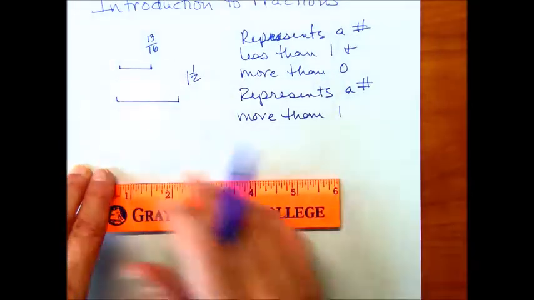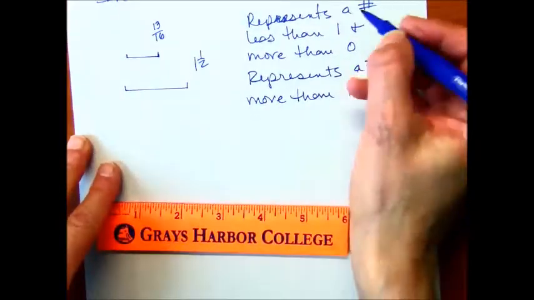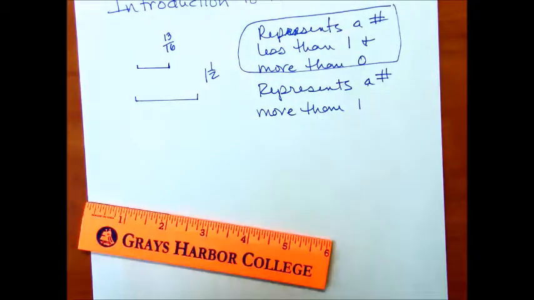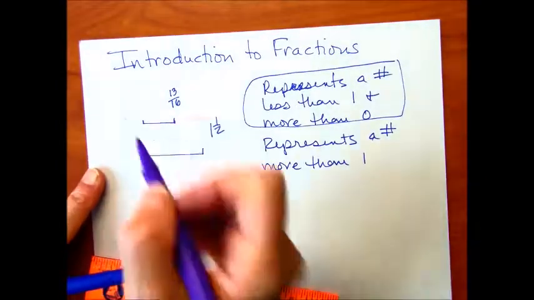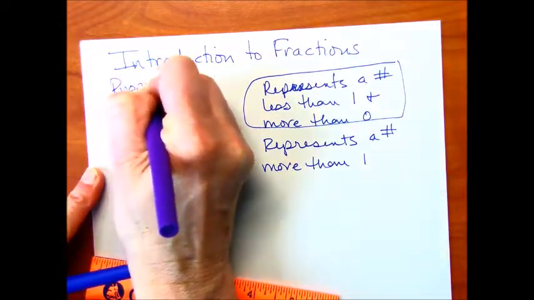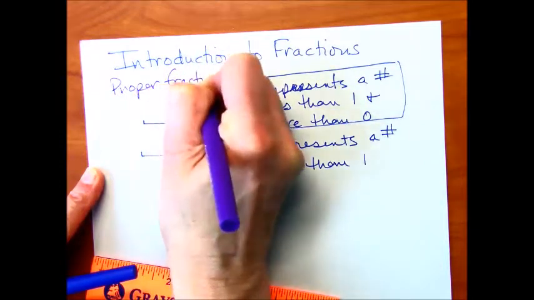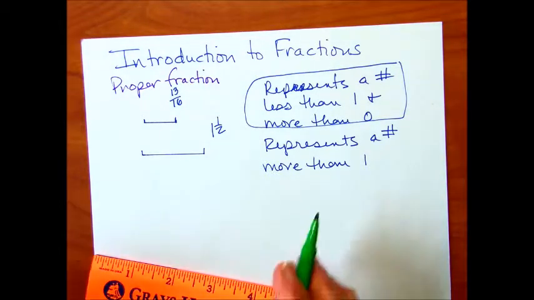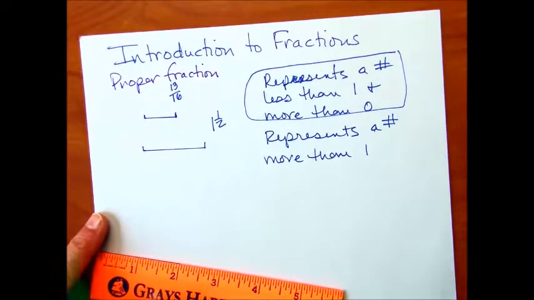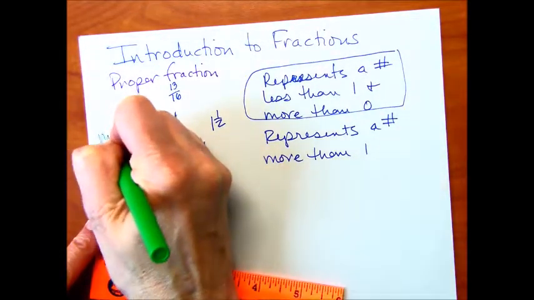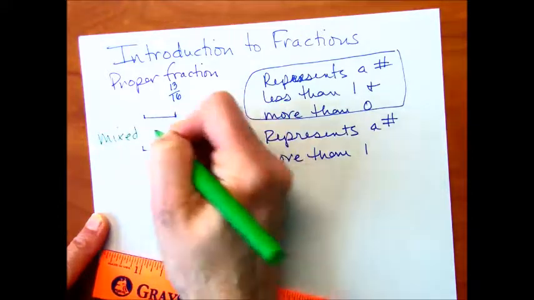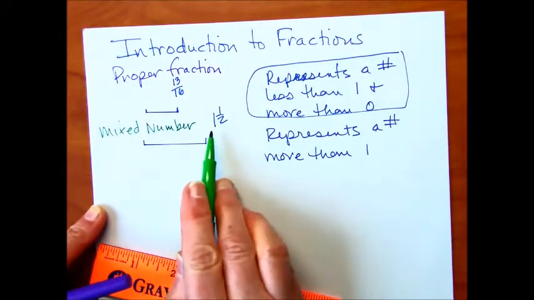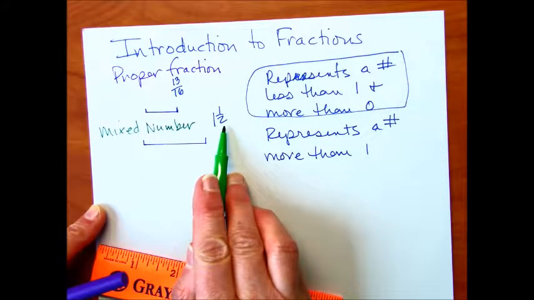Now, so these are two types of fractions. This one here would be referred to as a proper fraction. And then the one including the whole number with the fraction would be considered a mixed number. And it's mixed because you have a whole number attached to a fraction.